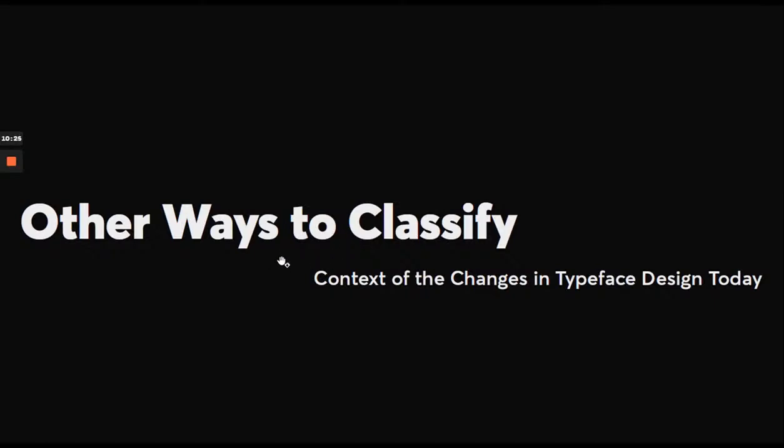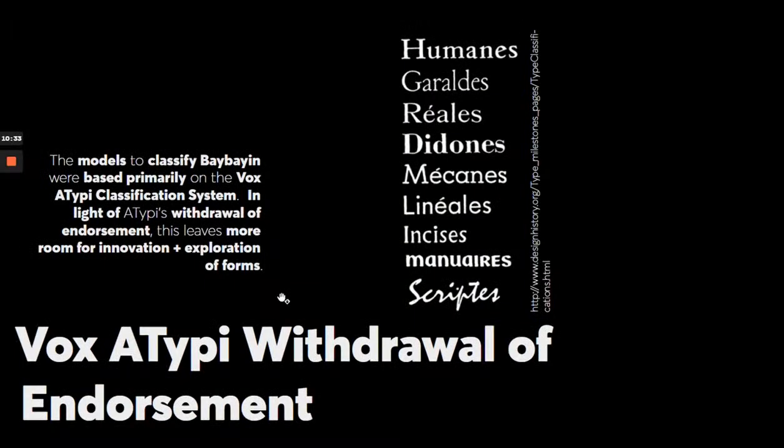There are many other ways to classify it aside from what they've shown, because one of the criticisms that their work could have is that they're closely based on Vox's ATypI classification system.